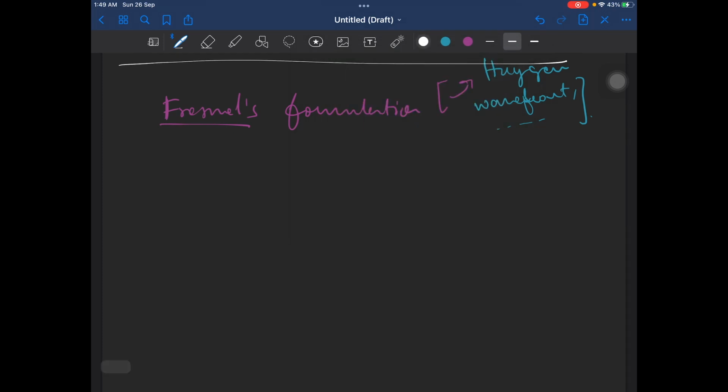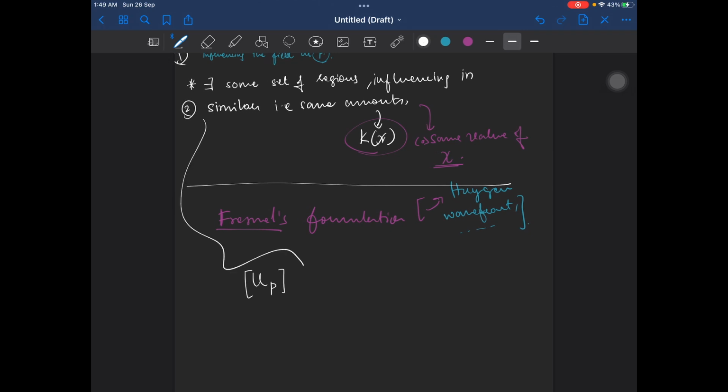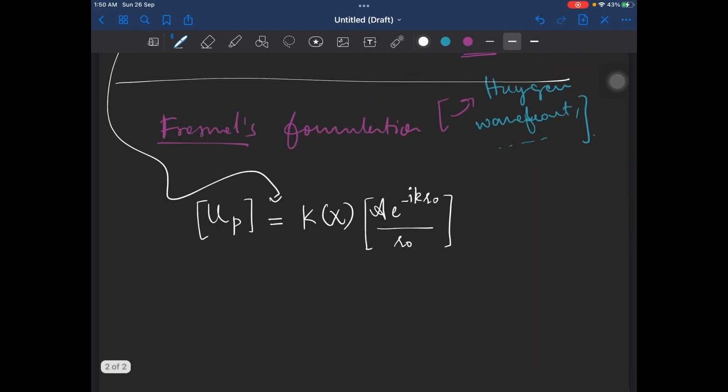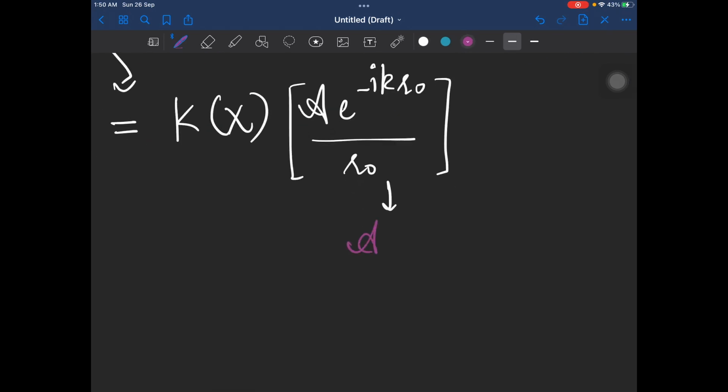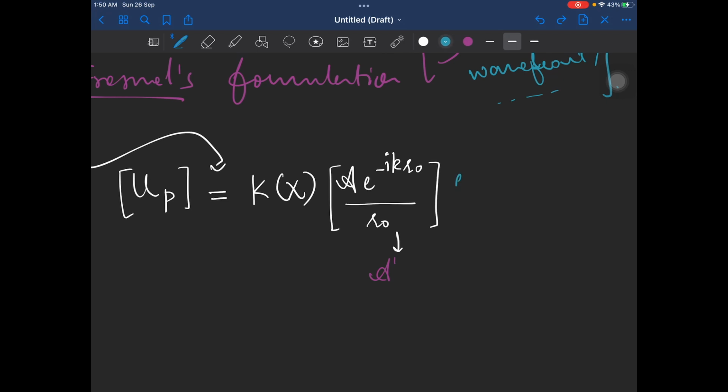U of P, due to one such contribution of one similar chi, equals the inclination factor times the amplitude at Q, which is the secondary amplitude, times a spherical nature of these, showing an effect at P.